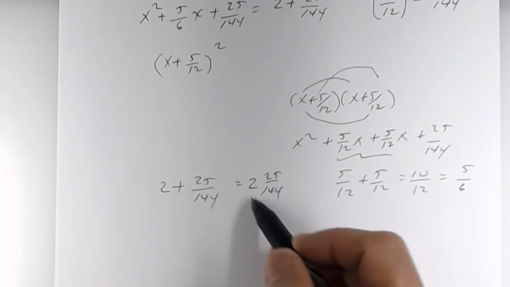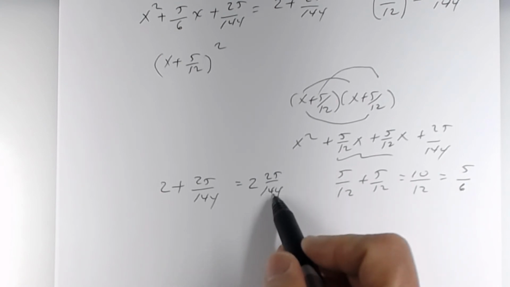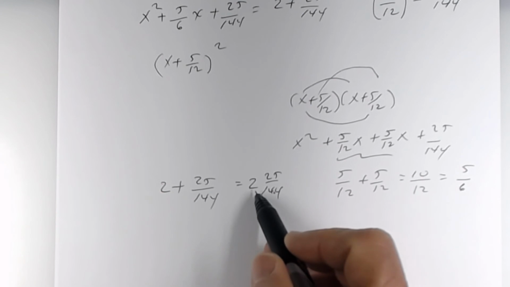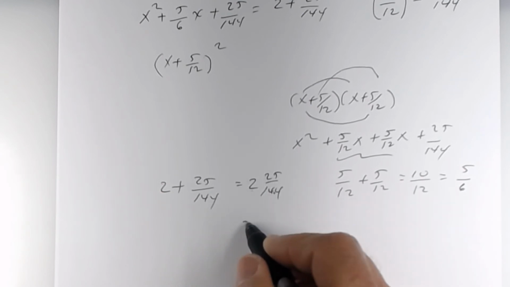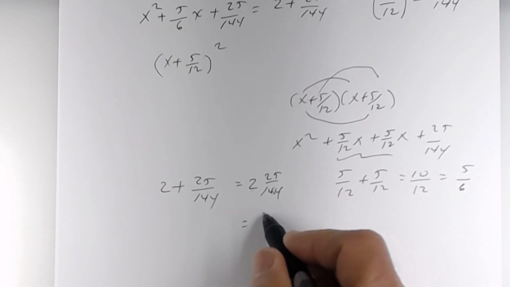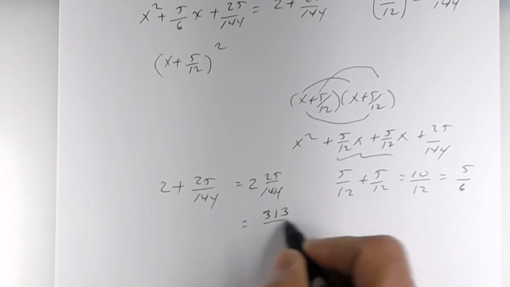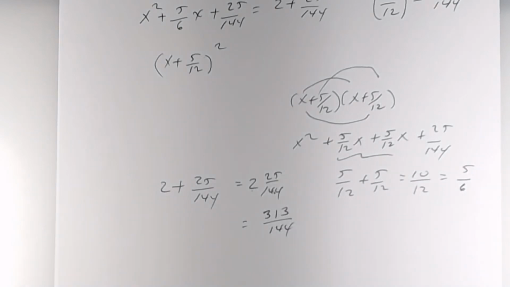So how do you write a mixed number as an improper fraction? 144 times 2, which is 288. And what's 288 plus 25? 313. I'm just writing what y'all are saying. So 313 over 144, right?